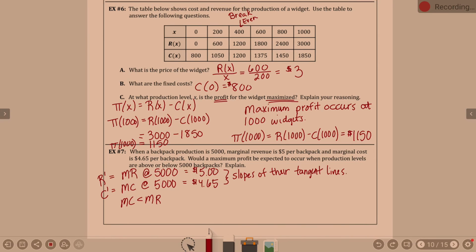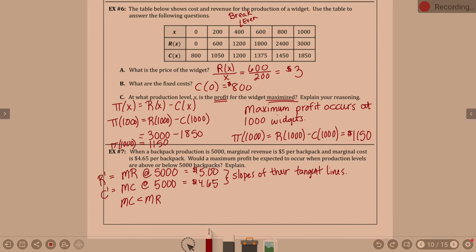And so at that point, because things are increasing, we're going to expect our profit to continue to increase. Does that make sense? I don't have that all spelled out the best. I'm struggling there, I know. So because of the increasing production, they should expect maximum profits above the 5,000 backpacks.